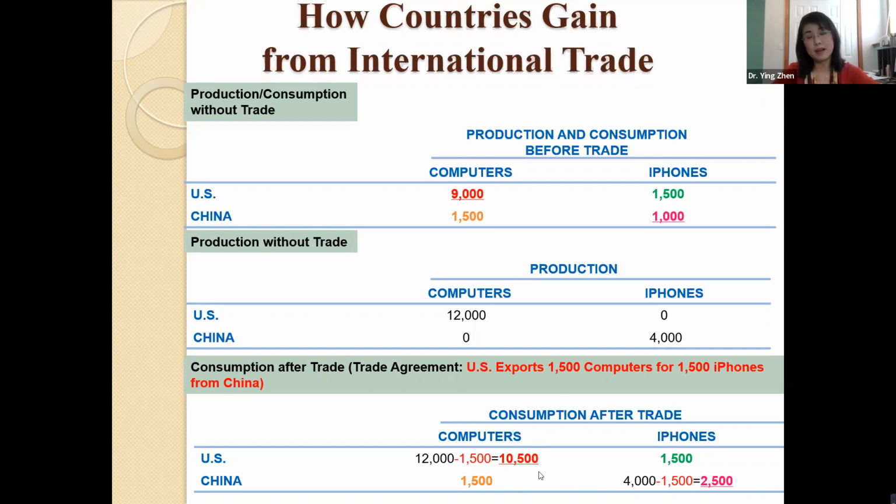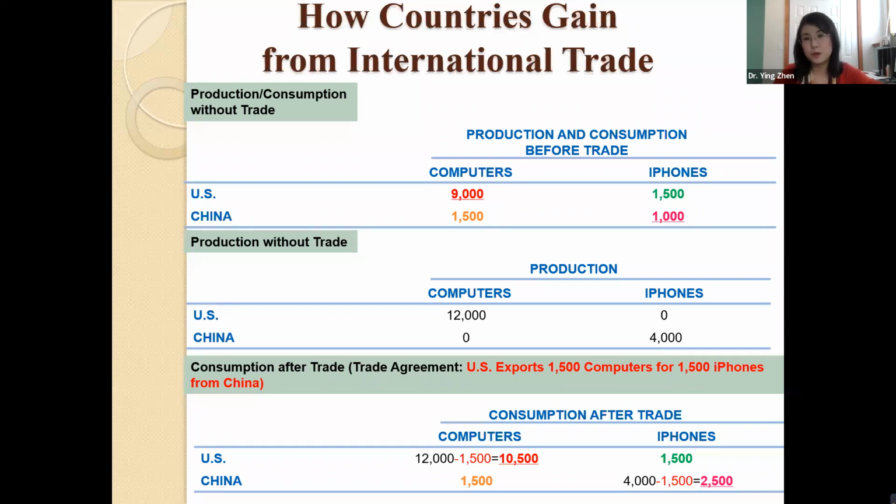So we compare. Here I used different colors so students can easily see computers more than before, while iPhones stay the same for the US. And for China, computer consumption levels are the same, while iPhones, more than in the autarky situation, right?